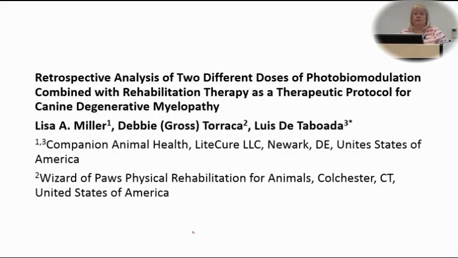But Debbie Gross-Saunders, Debbie Gross-Taracha, got her name wrong. She is a physical therapist who is at Wizard of Paws in Connecticut, and Lisa Miller works for Companion Animal Health. And she's been helping Debbie write this paper up as using photobiomodulation combined with rehab as a therapeutic protocol for canine degenerative myelopathy.